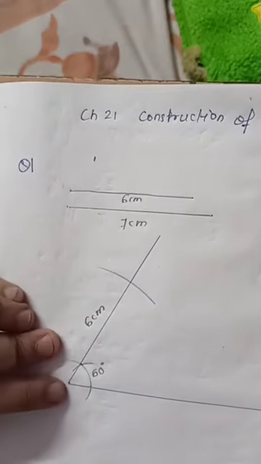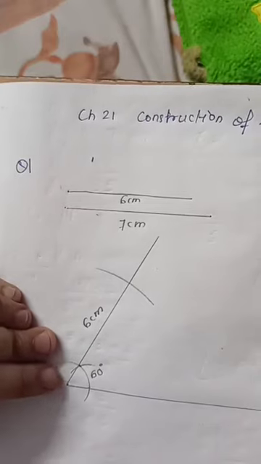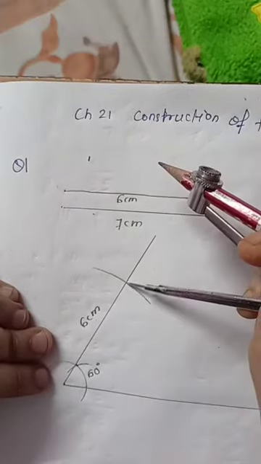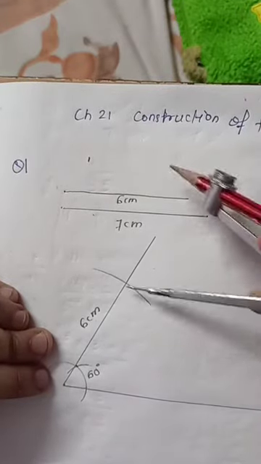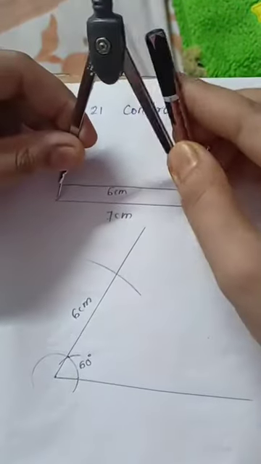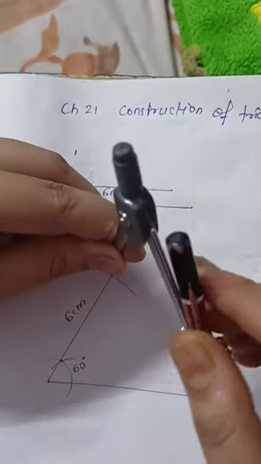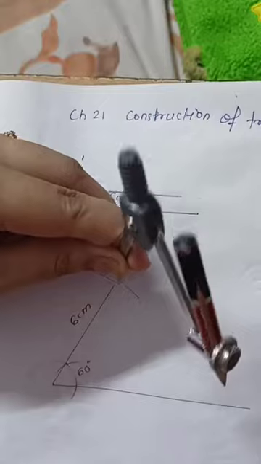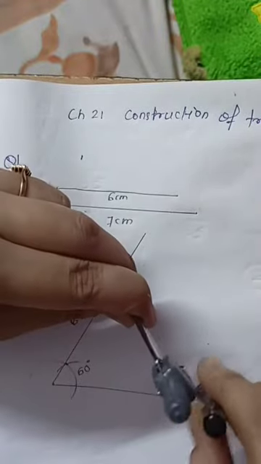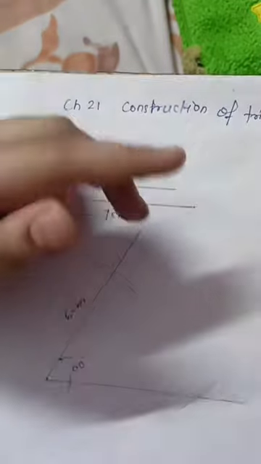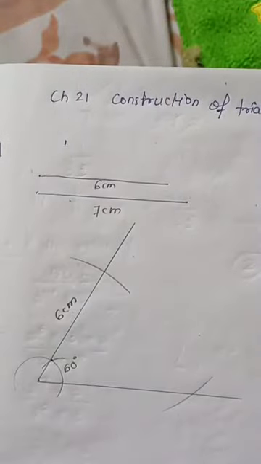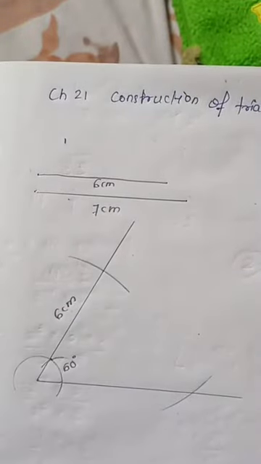Since this angle is 60 degree, the question is telling me the length of the side opposite to the 60 degree angle should be 7 centimeter. So again I am measuring the 7 centimeter line segment. I am putting one end of the compass at one point of intersection and intersecting the base. Here I will get my 7 centimeter length of the side.